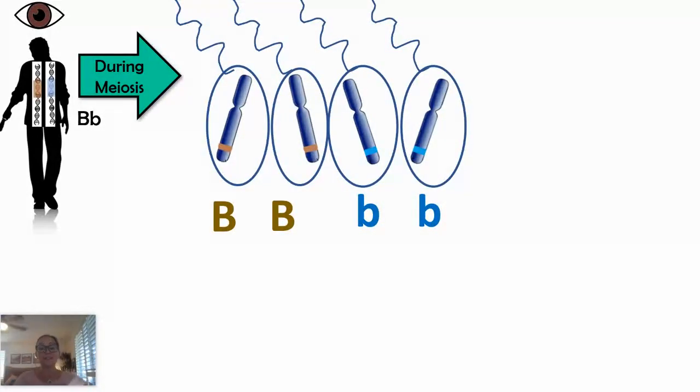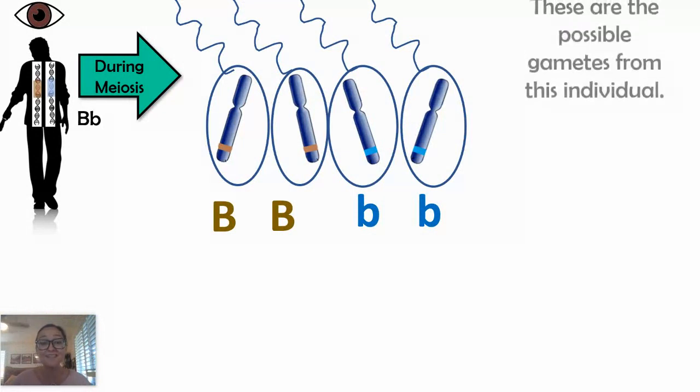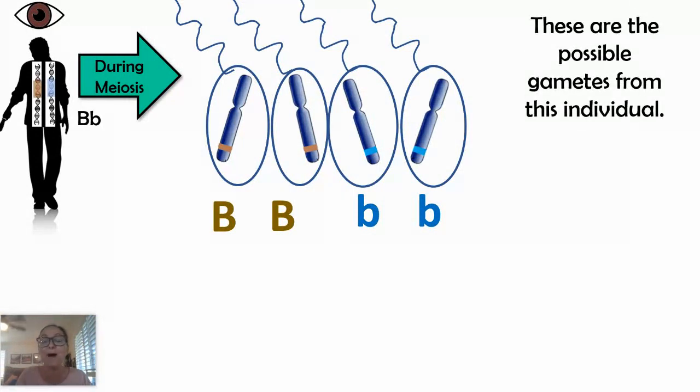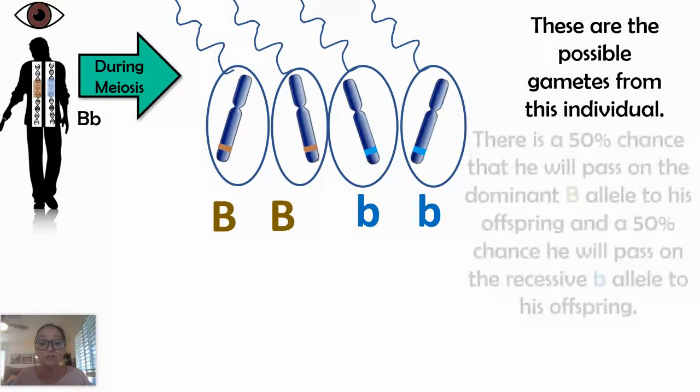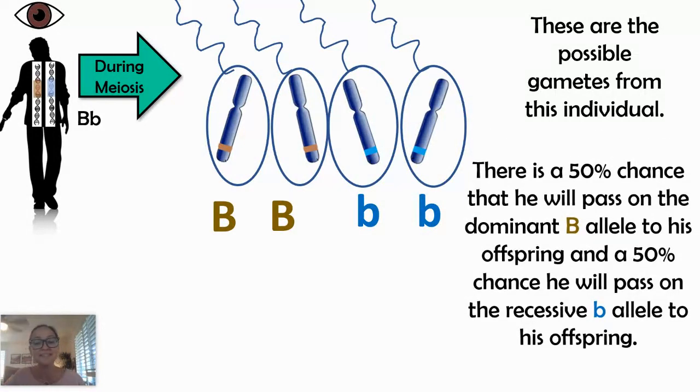Now, when we look at this man, he is heterozygous. What we noticed throughout meiosis is that his dominant allele and his recessive allele separated. So this represents the possible gametes that he can make. There's a 50% chance that he'll pass that dominant allele onto his offspring and code for brown eyes, and a 50% chance that he'll pass the blue eye allele.